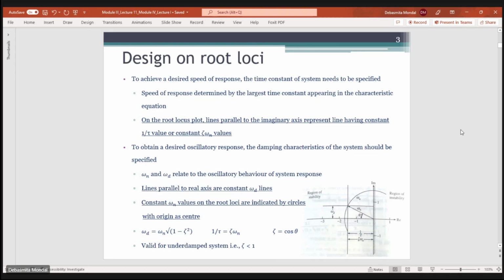The overall speed of the response is determined by the largest time constant, and the largest time constant is equivalently the slowest component of the overall system, which governs the speed of the response. So the speed of the response is determined by the largest time constant, or in other terms, the slowest component of the system.